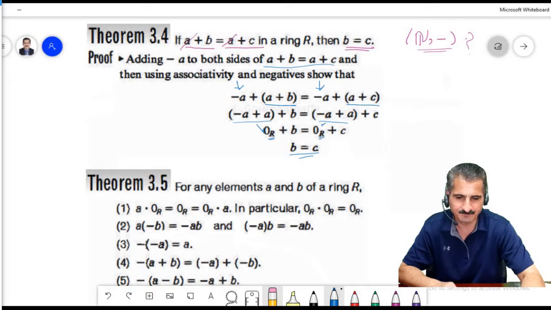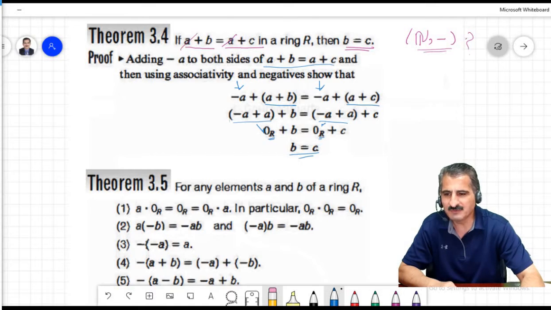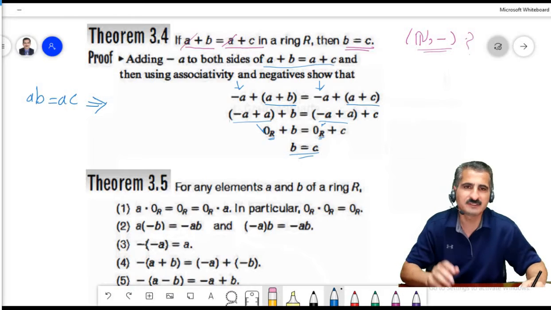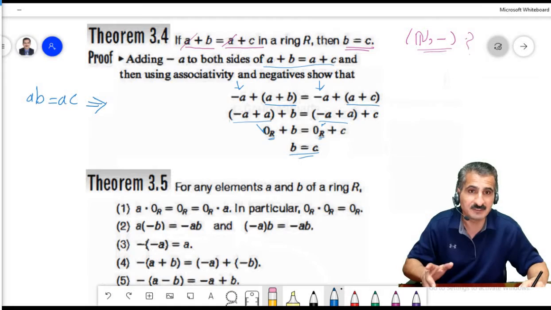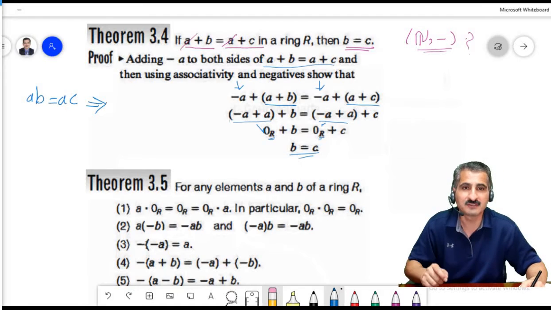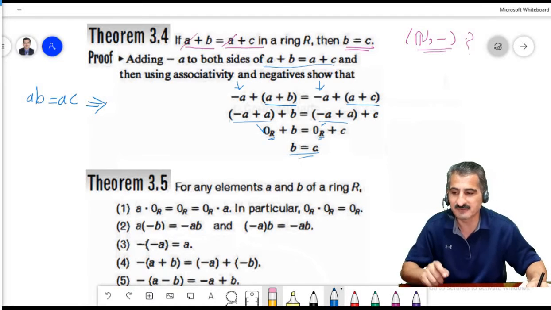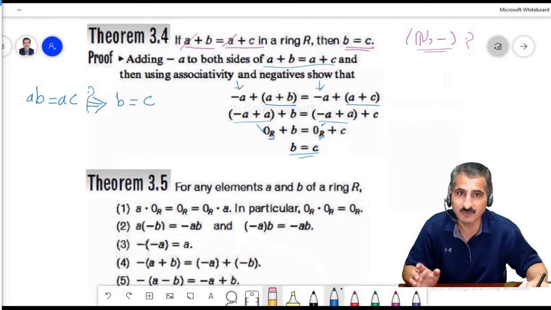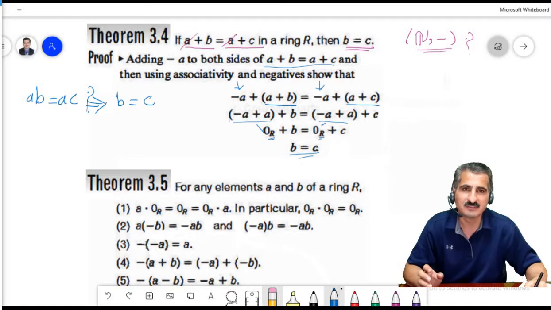Okay. But we will see later that it's not necessarily true if we have multiplication, not a plus b equals a plus c. Here I'm saying a times b equals a times c. Would that give b equals c? The answer might be yes and might be no. And that may look strange to you because you used to work with numbers.